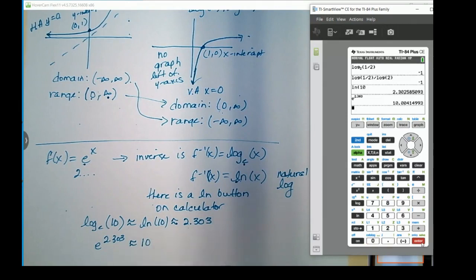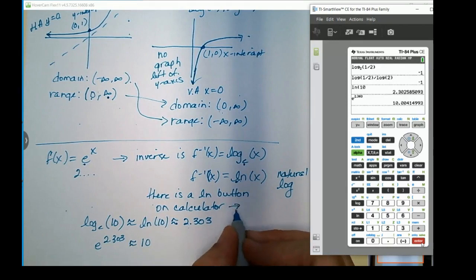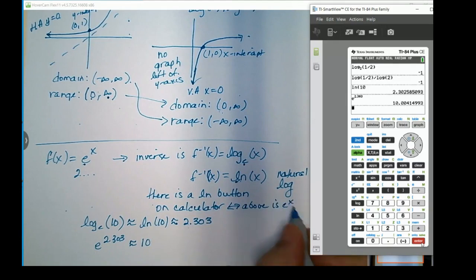And that gives us something pretty close to 10. It's a little bit off because we rounded this a little bit. But that's how you can tell that these two are connected, is that above this one is e to the x. So that means that these are inverse functions of each other.